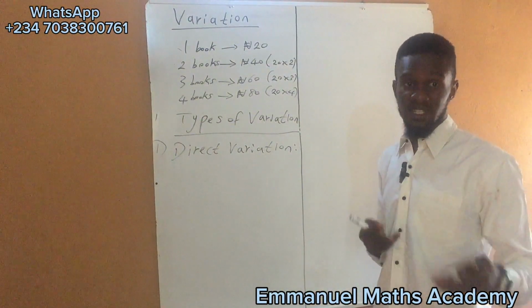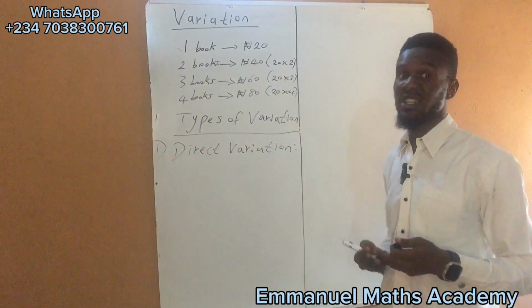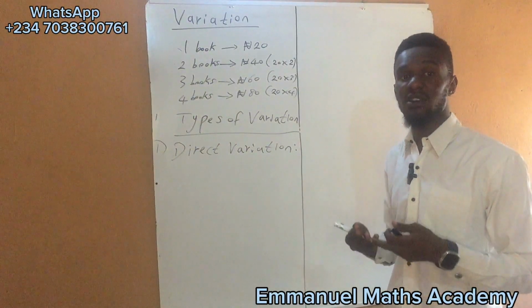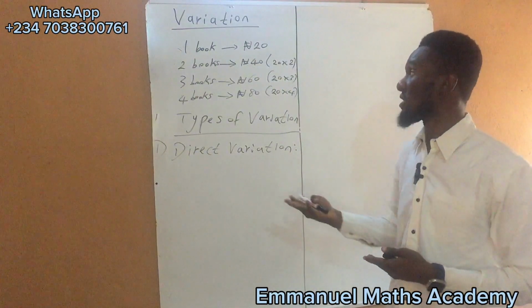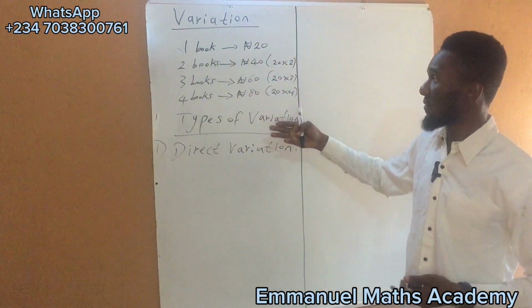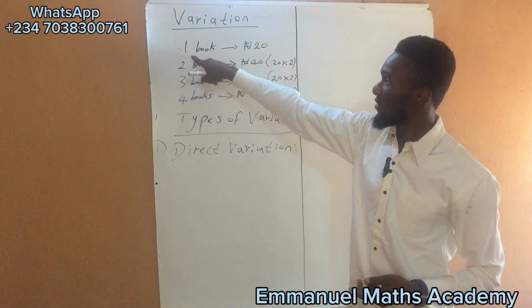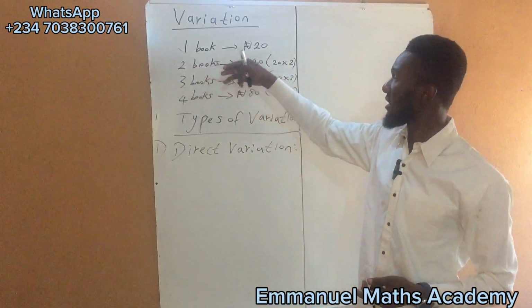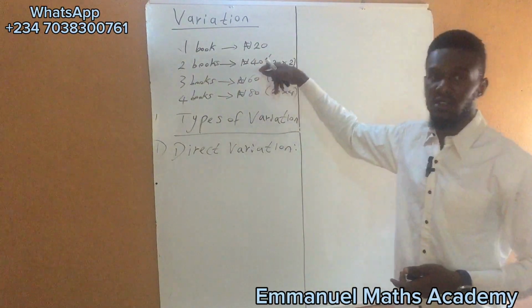a corresponding increase in one quantity brings about an increase in the other quantity. This is a typical example of direct variation. You can see that an increase in this quantity is bringing about an increase in the other quantity.